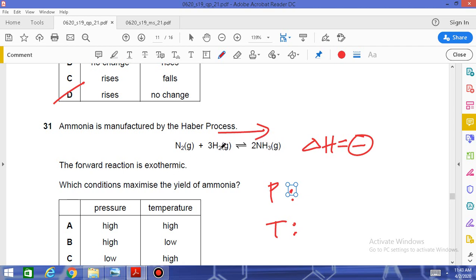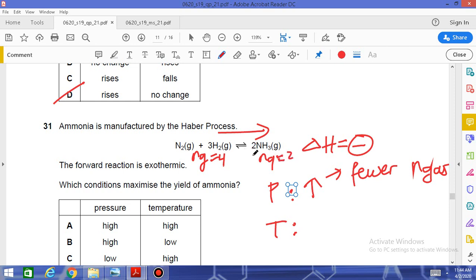Okay, to shift the equilibrium to the right, the pressure must be increased or decreased. Can you guess? The pressure must be increased. When the pressure is increased, the equilibrium shifts to the side that has fewer gas molecules. In this case, right side or product has fewer gas molecules. 4, 2.